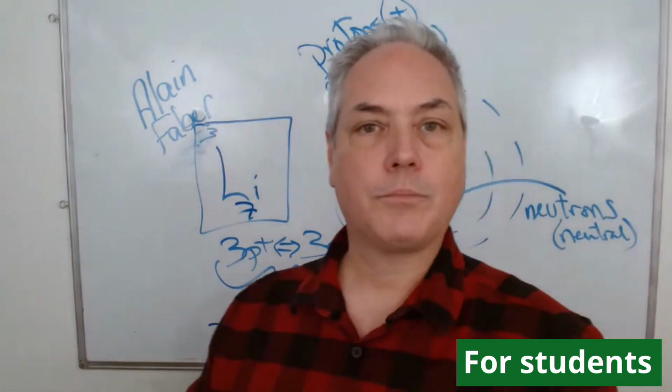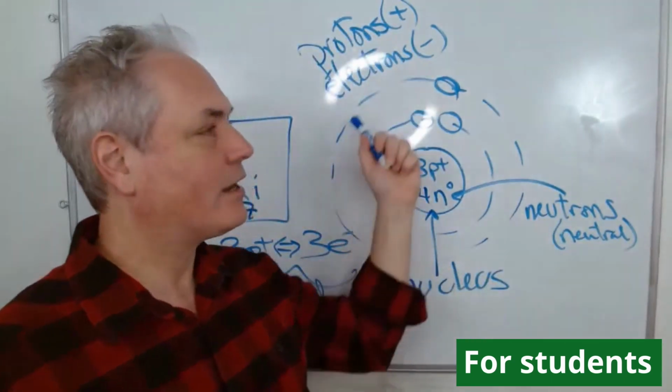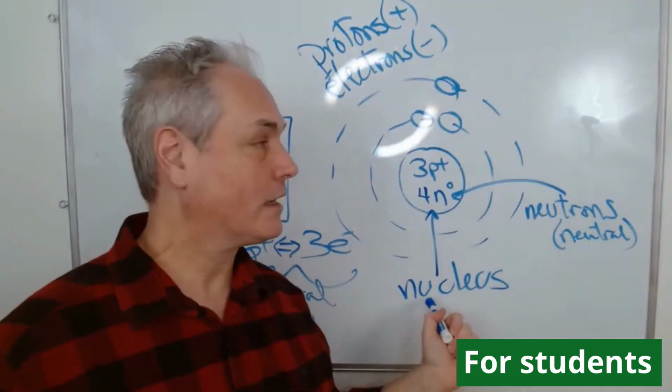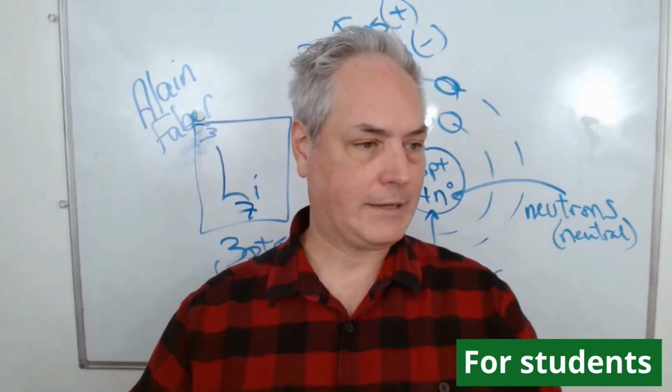All of these are the particles that make an atom. And here, this is a diagram that we call the Bohr-Rutherford diagram. And I'll see if I can add a video on that shortly.